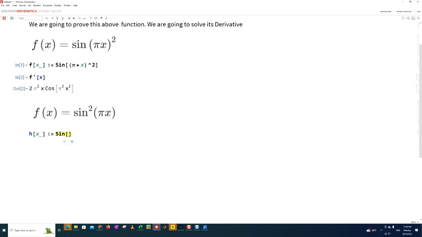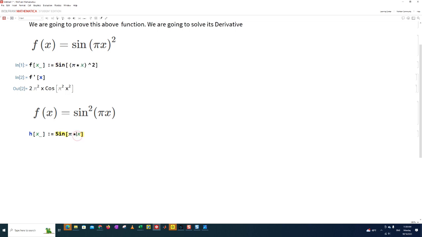Remember how you write pi? Escape, p, and escape again. This is pi times x. Now you remember on the first one, I put parentheses and then squared the two parentheses.